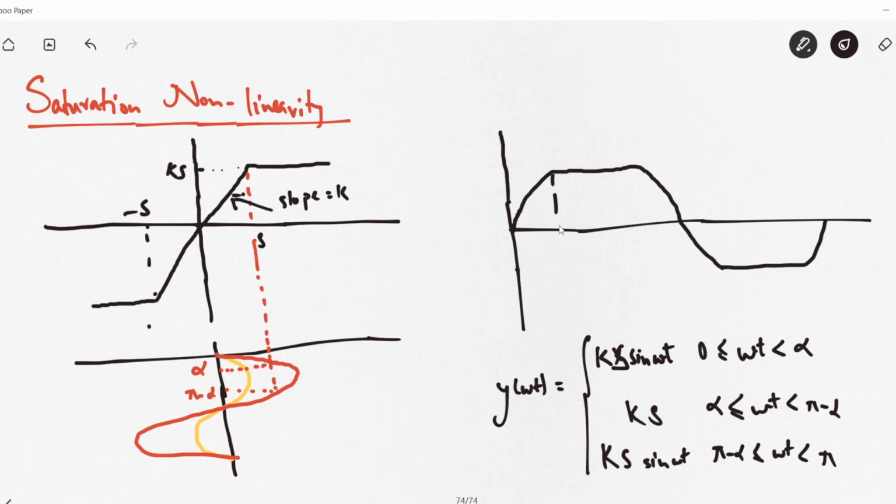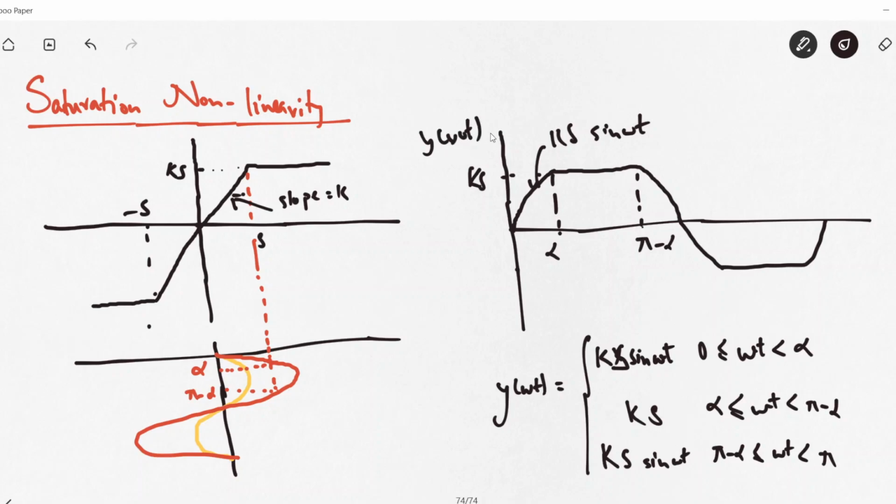So this here is alpha, this is pi minus alpha, this magnitude is ks. So this curve here is ks sine omega t, not kx sine omega t. The magnitude of the sinusoidal curve is ks. So this is our output waveform y of omega t.